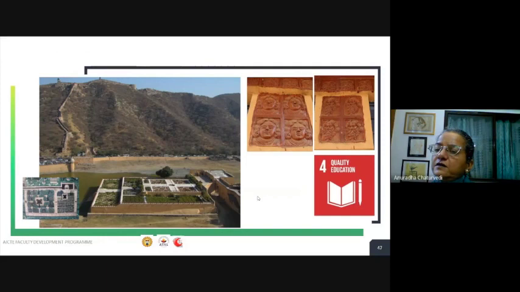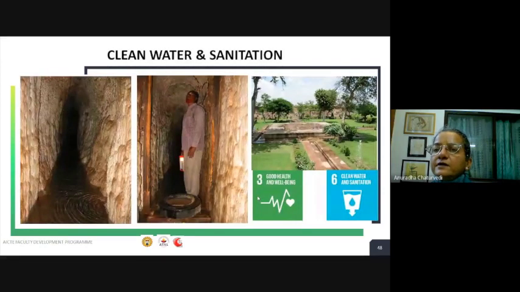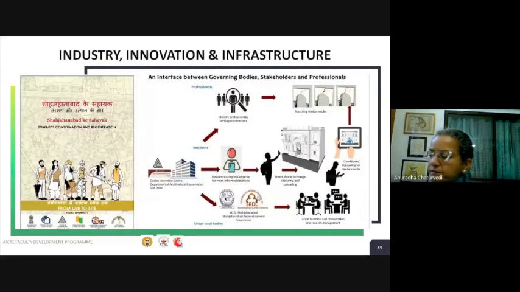Heritage helps in improving the quality of education, which is SDG 4, and it's very directly linked with ensuring good health and well-being, SDG 3, providing clean water and sanitation, SDG 6, and SDG 9 related to industry, innovation and infrastructure.